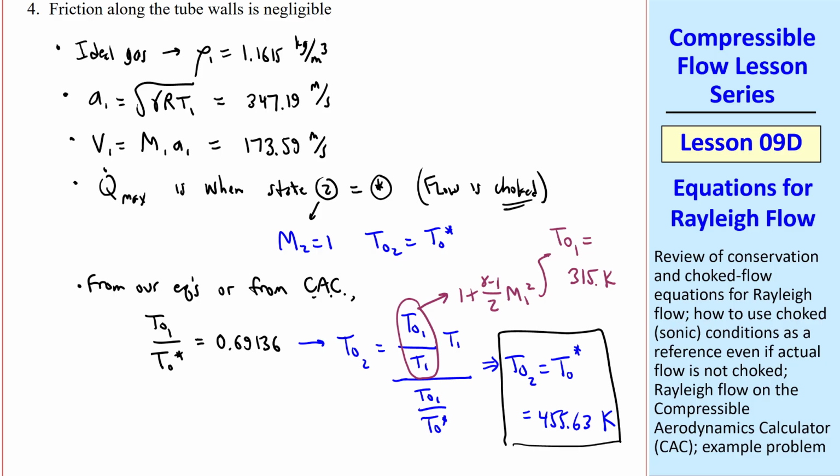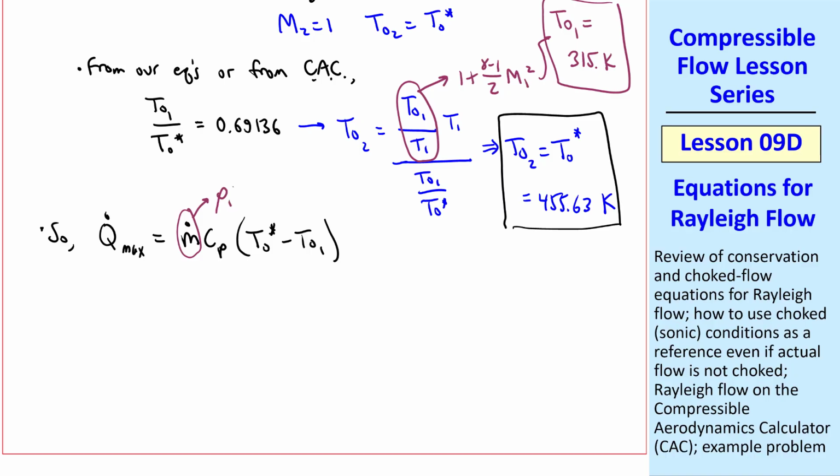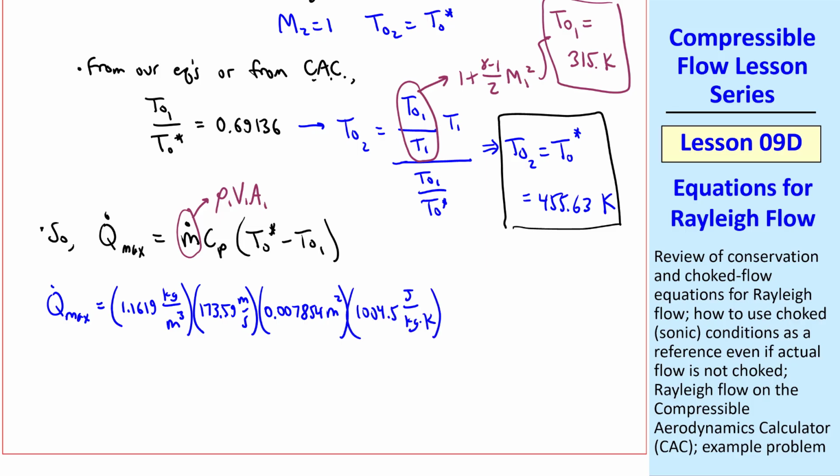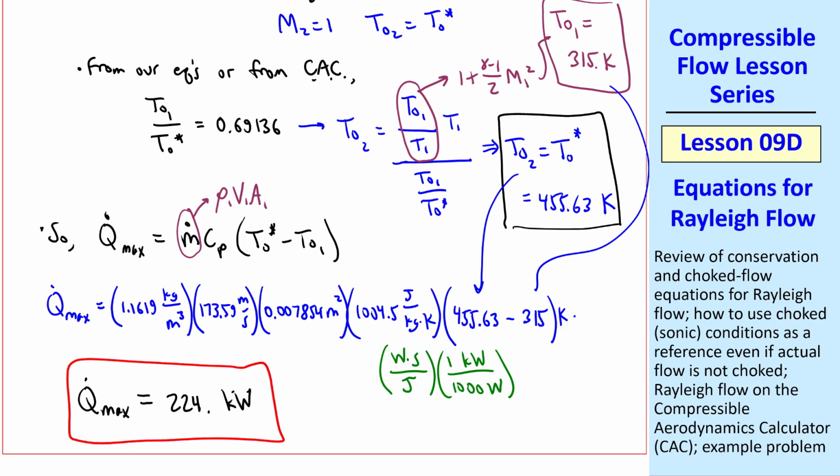It turns out to be 315 K. And then knowing both T01 and T0 star, we use our equation for Q dot max and plug in m dot as rho 1 V1 A1, and I'll write all this out with our unit conversions: rho 1, speed V1, area A1, cp for air, T02, T01, times unity conversion factors. A watt times a second is a joule, and 1 kilowatt is 1,000 watts. And our final result is thus Q dot max is 224 kilowatts.